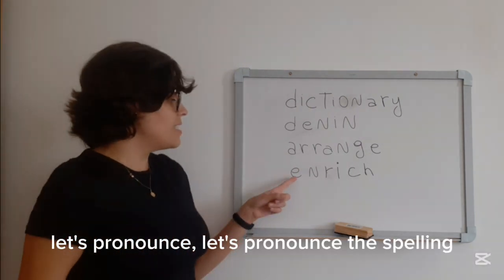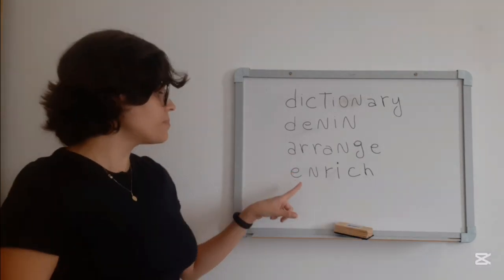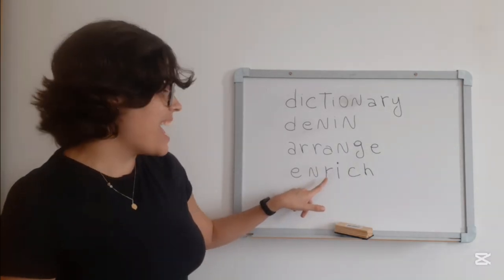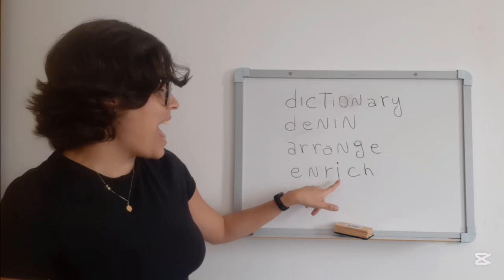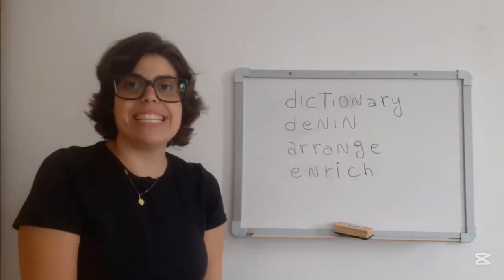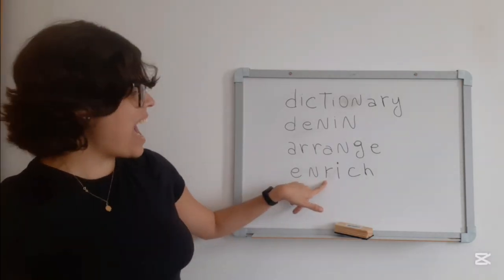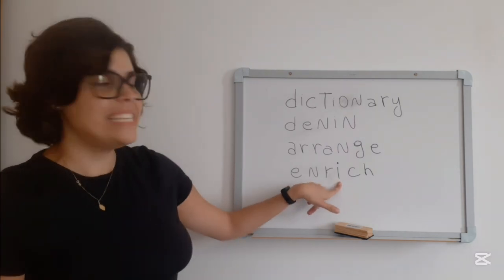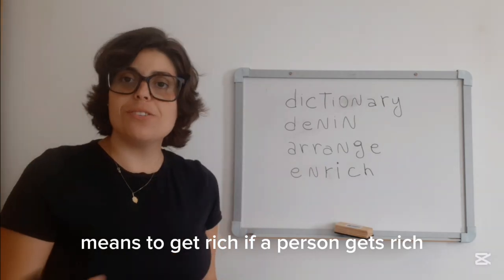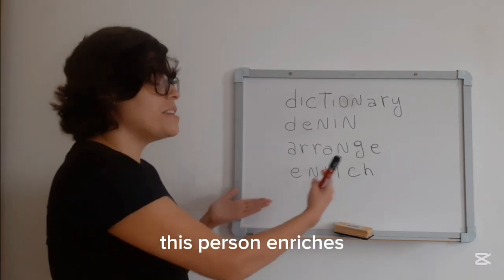Let's check the pronunciation of the spelling actually. E-N-R-I-C-H. This word, people, means to get rich. If a person gets rich, this person enriches.